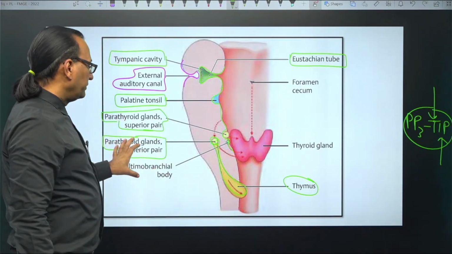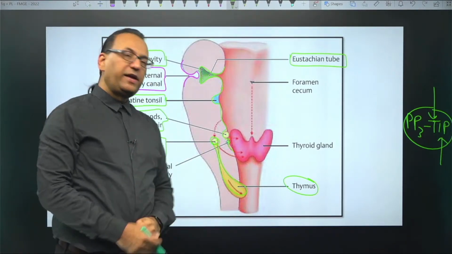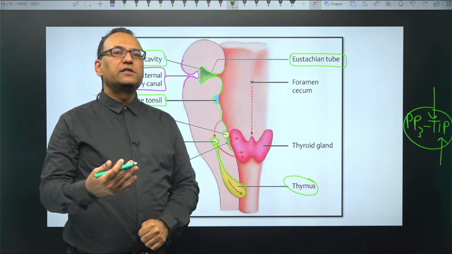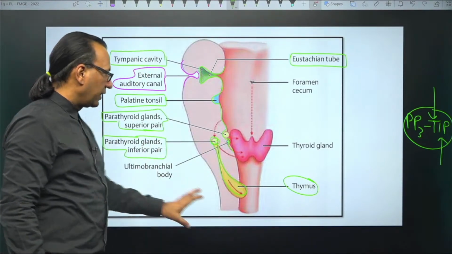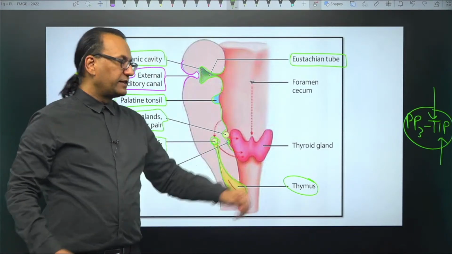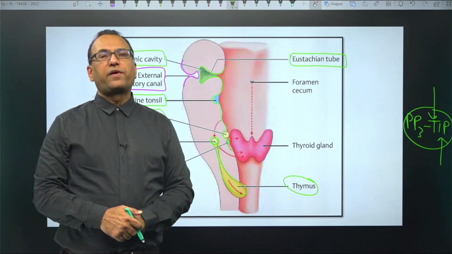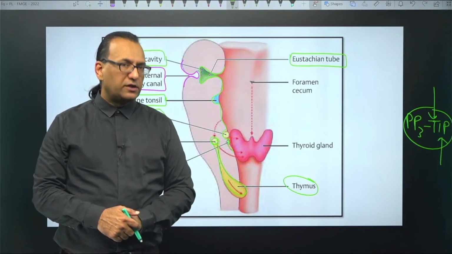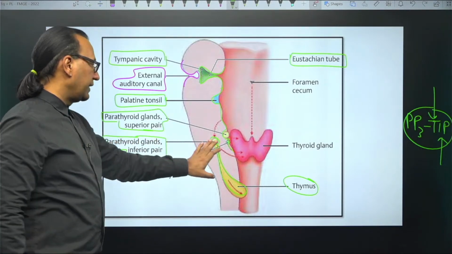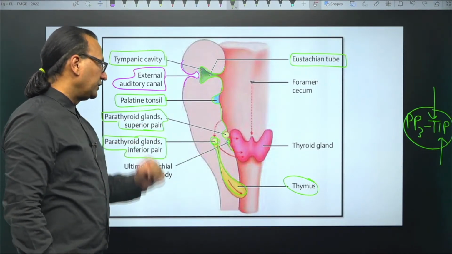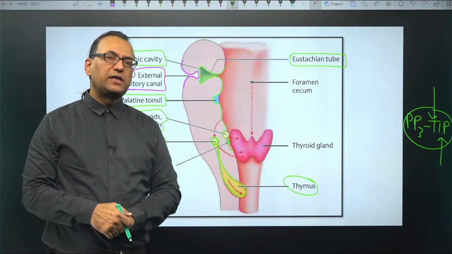So DiGeorge syndrome is a problem of pouch 3 and pouch 4. First answer, it's a problem of pouch 3. And they'll be missing thymus. If thymus is missing, you may not be able to train the T lymphocyte, decreased cell-mediated immunity. And if inferior parathyroid is missing, there might be deficiency of blood calcium, hypocalcemia.